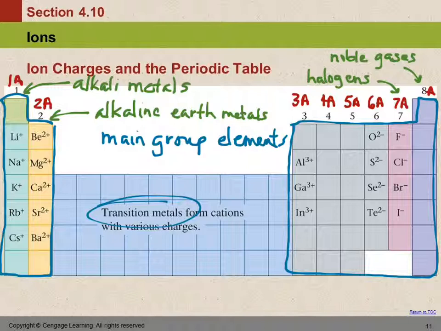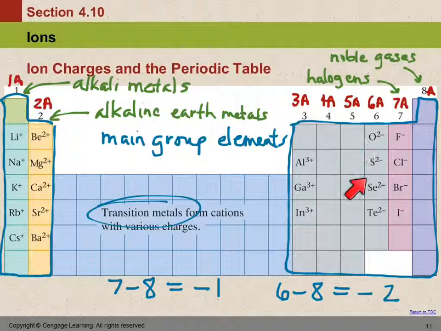Well, there's two ways to remember that. One is to take the group number and subtract 8. So 7 minus 8 equals -1. Group 7, -1. Group number 6 minus 8 equals -2. So these all form -2. That's one way to remember. The other way is to pretend this is a board game.